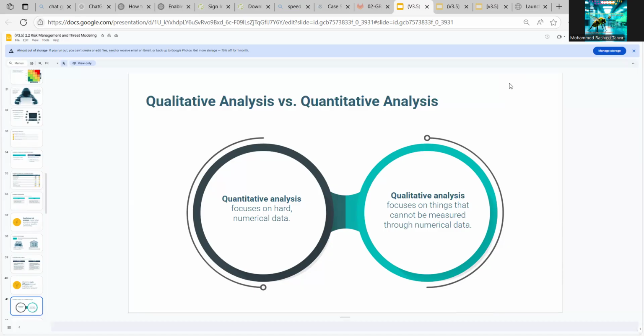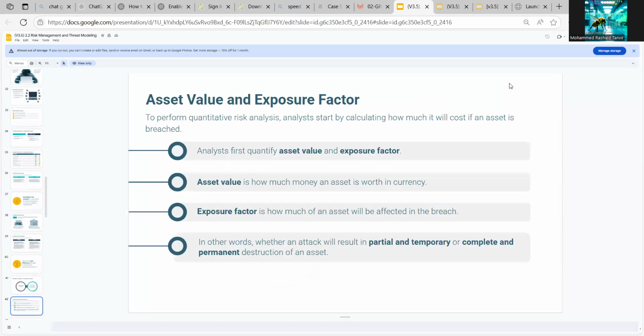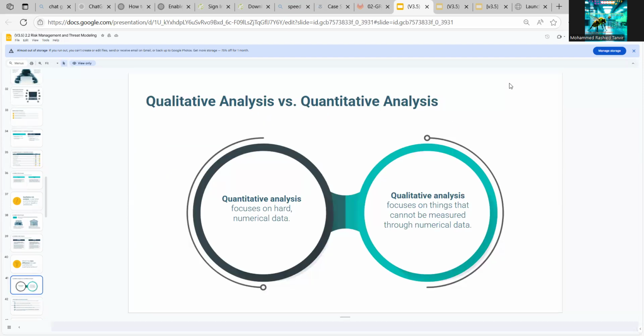So in quantitative analysis, we can see numbers, physical and numerical data. In qualitative analysis, there is no numerical data; it is just thinking. Quantitative means quantity, which means we can count. Qualitative means we cannot count. That's thinking.